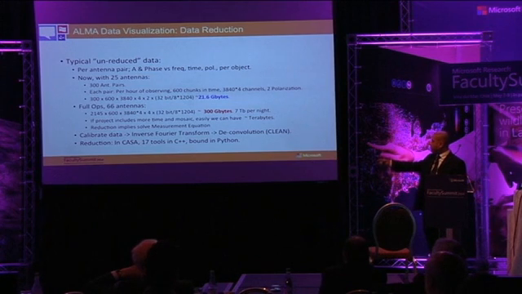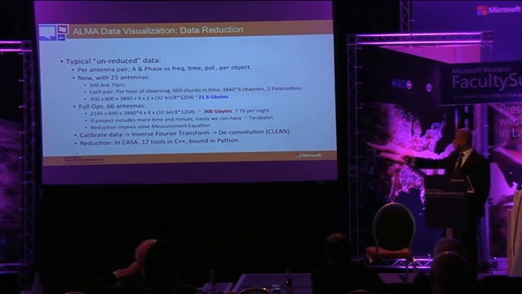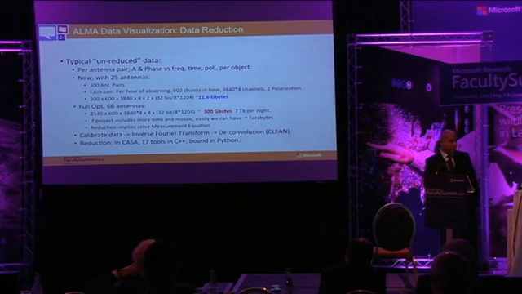Let's do some simple exercise. For each pair, per hour of observing, if I integrate 6 seconds, since I have 600 chunks of time, I have about full operation, 66 antennas.